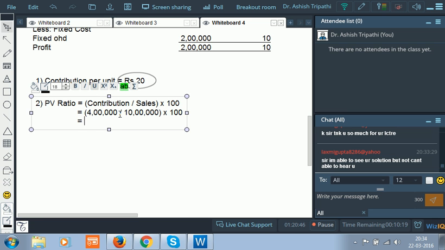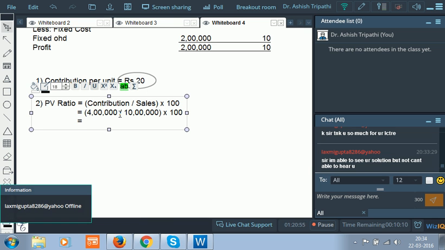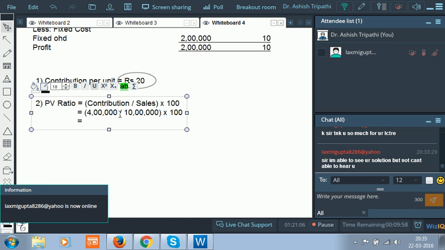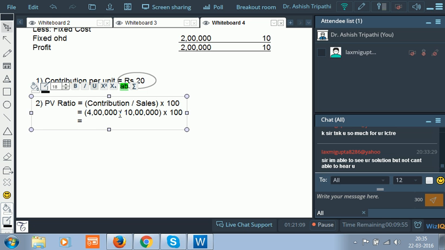So that is equal to... 4 lakh is contribution, 10 lakh is sales, so it becomes 40%. So our PV ratio is 40%. Let us circle this because this is again our solution.